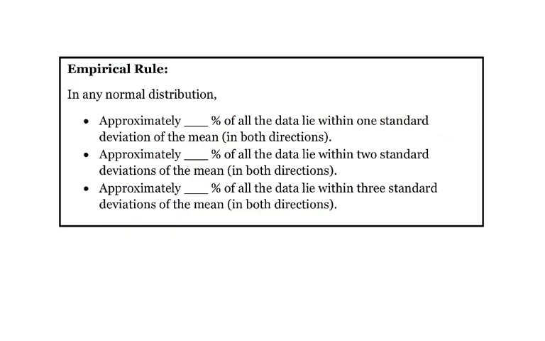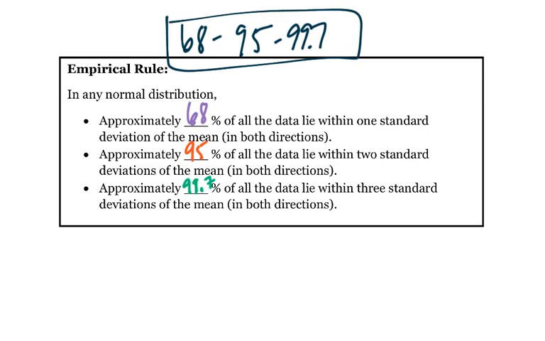We saw that 68% of the data lie within 1 standard deviation, 95% lie within 2 standard deviations, and 99.7% of all the data lie within 3 standard deviations of the mean. So I learned this as the 68, 95, 99.7 rule, but it's called the empirical rule.